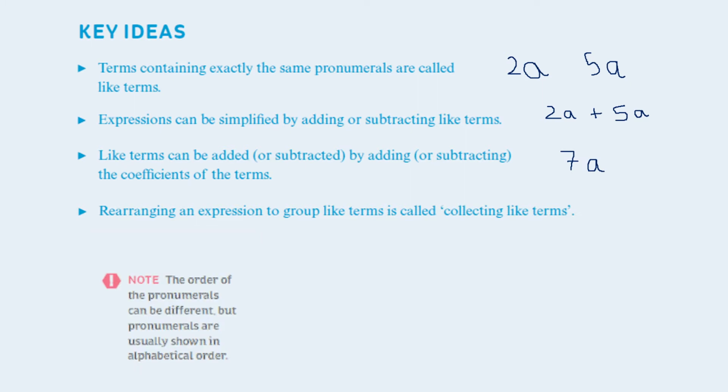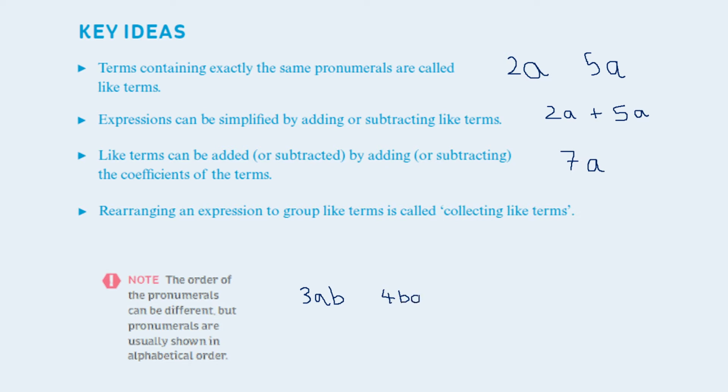Just a note here down the bottom. Even though the letters may be in a different order, so I might have 3ab and I might have 4ba.